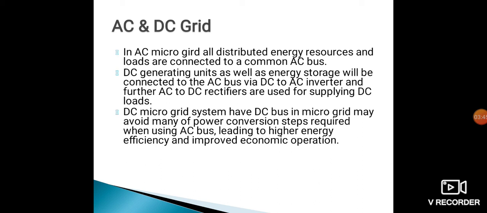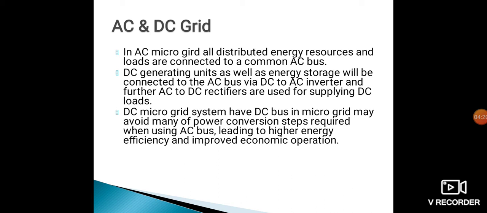If we have a DC output from the generator, it is connected to the AC bus using the DC to AC inverter. And if we have a DC load, that load is connected using the rectifier to convert AC into DC. Whereas in the DC microgrid system, having a DC bus in the microgrid may avoid many of the power conversion steps required when using the AC bus.